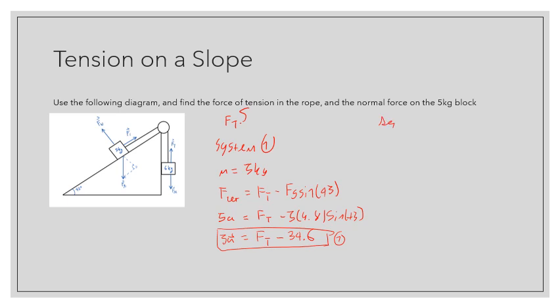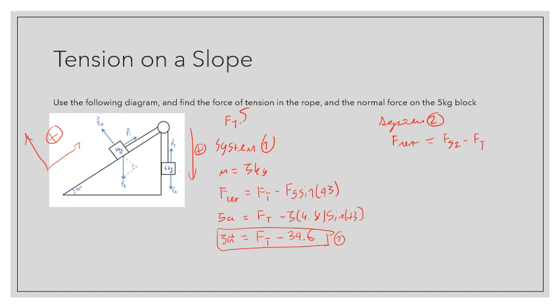Now let's find the equation for system 2, which is this system. So F net is equal to Fg2 minus Ft. Oh, we also need to set our positive reference frame. Sorry about that. So this will be our positive reference frame for system 1, and this for system 2.